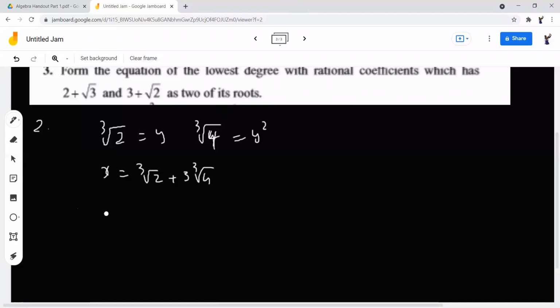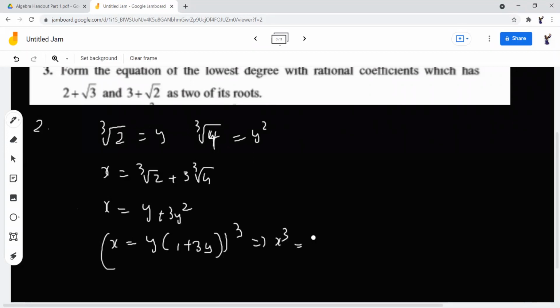So I write x equals y plus 3y square. Now I'm doing it in a different way. x equals y into 1 plus 3y. I'm taking y common. Now I'm going to do whole cube. So what I get is x cube equals y cube into, I'm just simplifying this, guys.